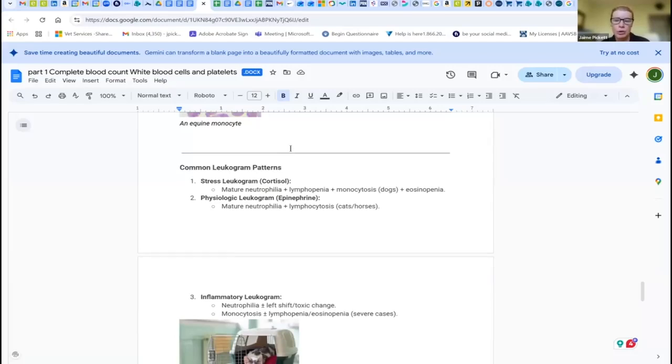So the stress leukogram is driven by cortisol, either endogenous from illness or fear, or exogenous from steroids. So it's either from inside your body from fear or illness, or outside from chronic steroids.